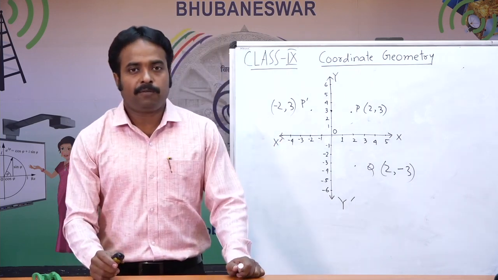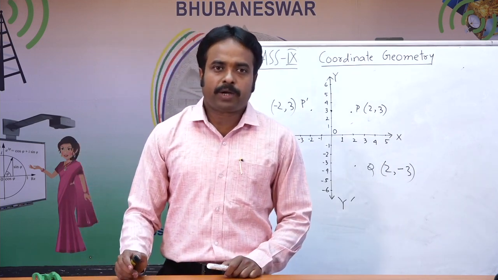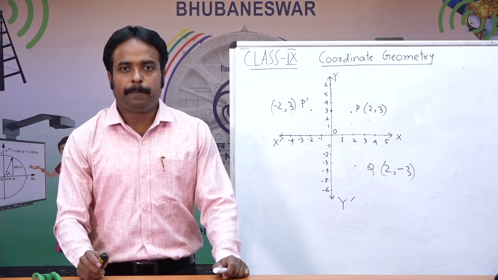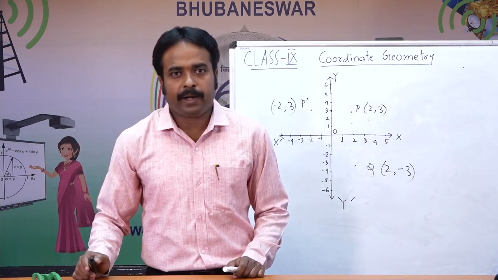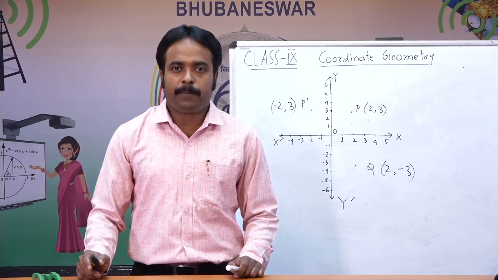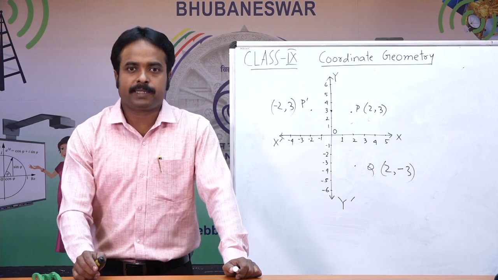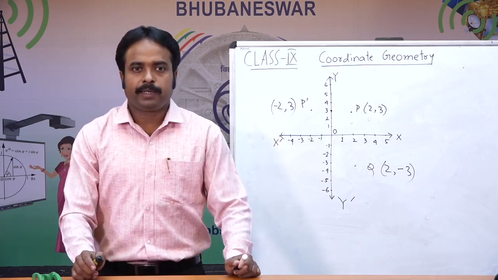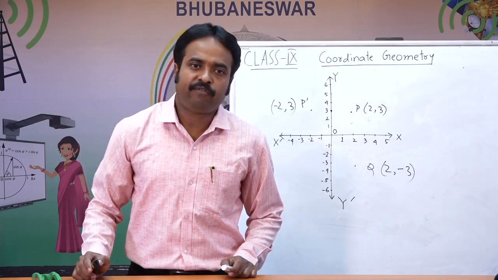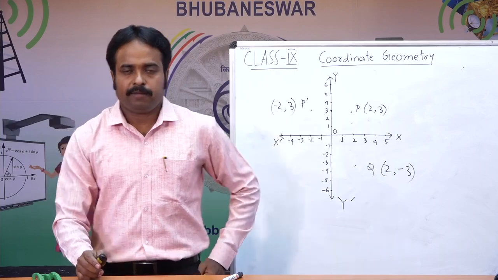Now, let us solve another problem. Try to find the reflected image of this figure by finding the reflection of each of the vertices about the y-axis, and then draw the figure. So, ABC is the figure.